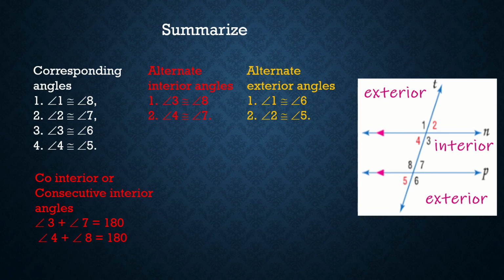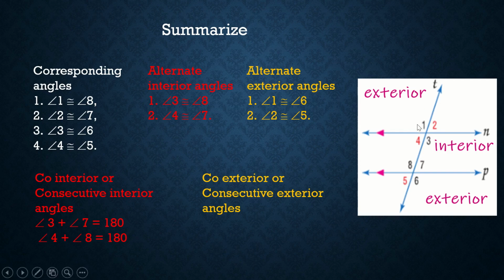Now let's talk about co-exterior or consecutive exterior angles. So for angle 1, which is the co-exterior angle? Angle 5. Excellent. Are they congruent? No, they are supplementary. So angle 1 plus angle 5 is equal to, very good, 180.